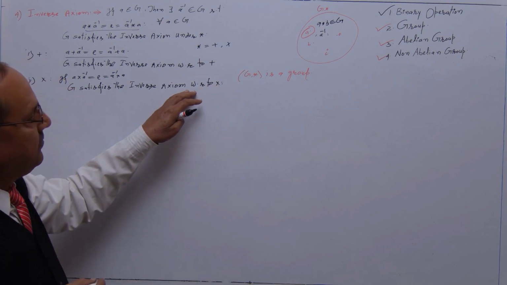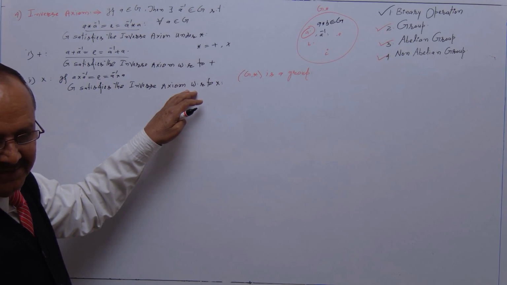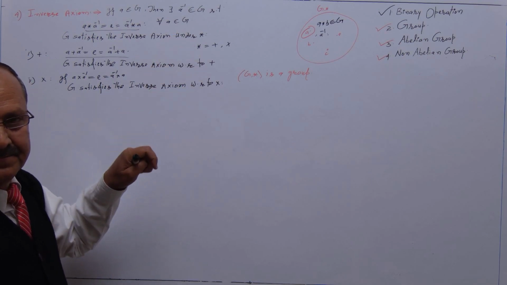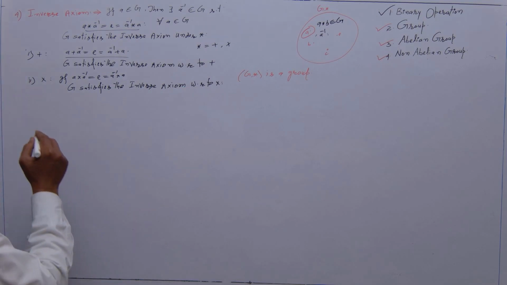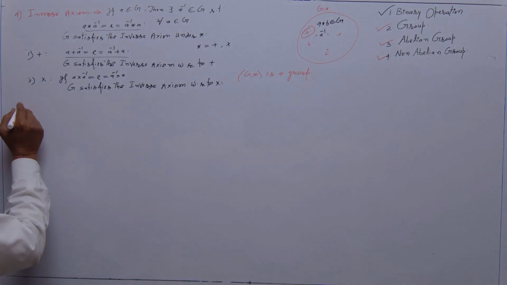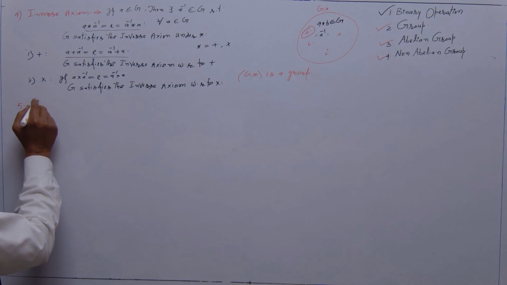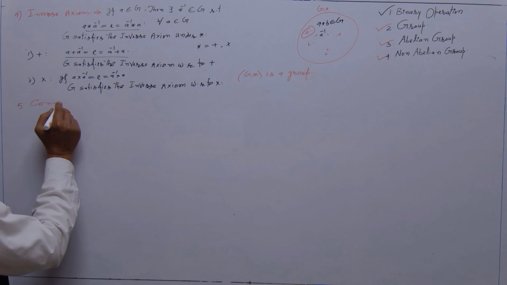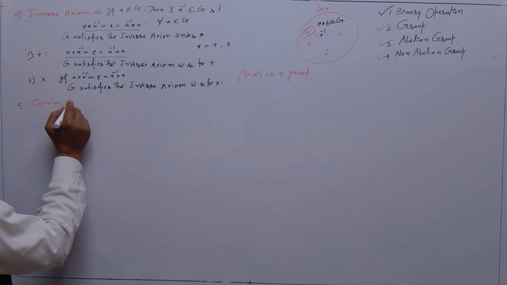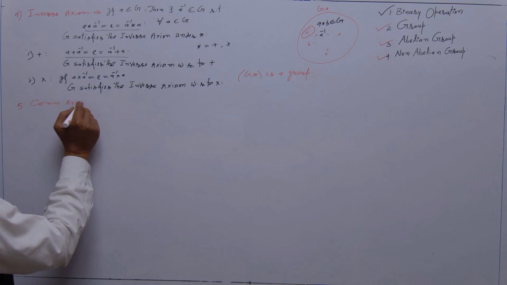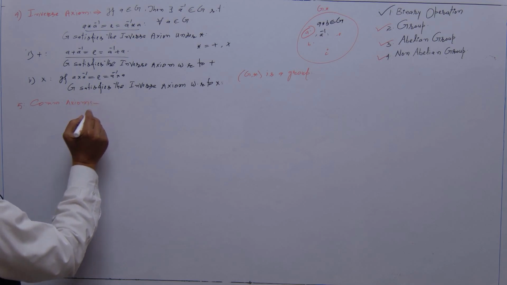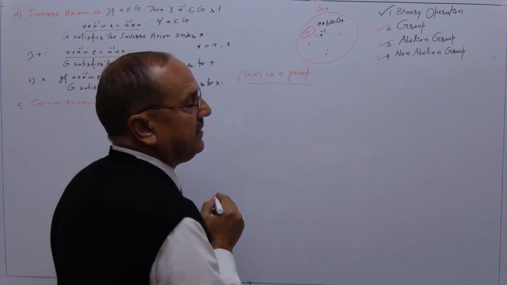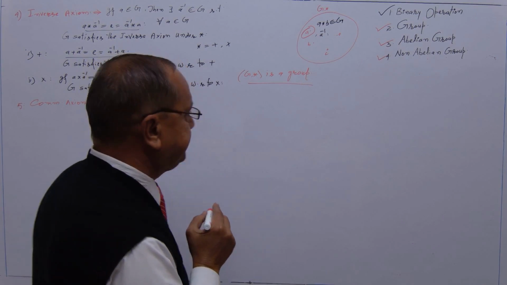When one more property is also added to these four axioms, that fifth axiom is the commutative axiom. If the commutative axiom is also satisfied, then the given set will be an Abelian group.